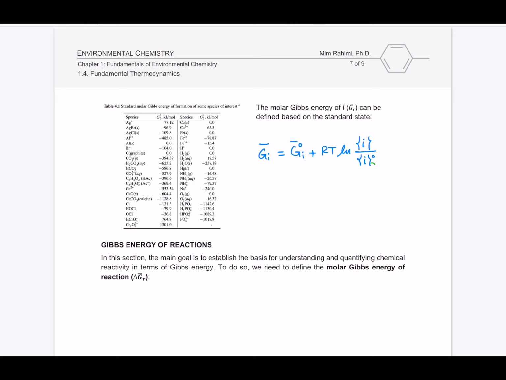The activity of the standard condition would be 1. Therefore, what we have is GI at any condition per mole would be GI at the standard condition plus this deviation. So that's the second important relationship here.